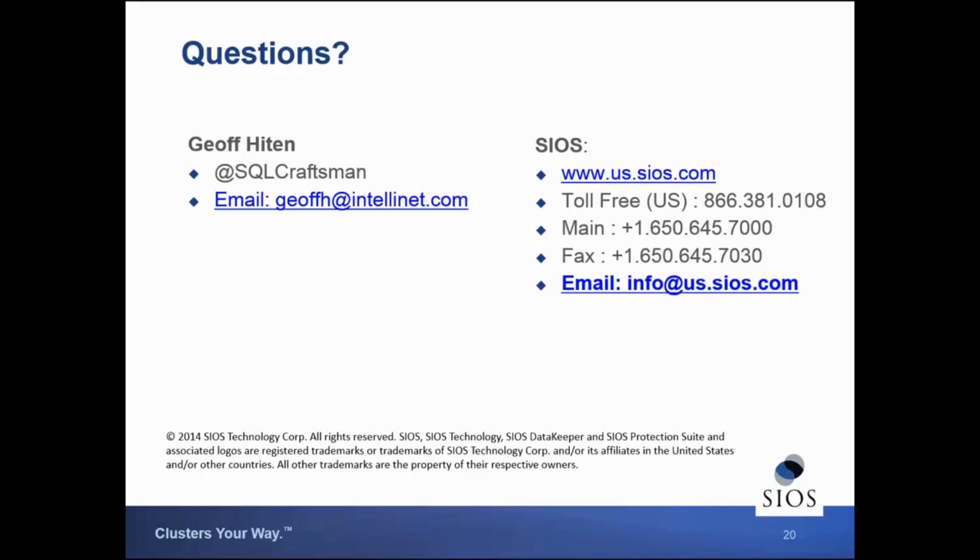But with SIOS and high-performance local flash storage, you get the best of everything. We've had some customers where I was really concerned we would be able to keep up, even with throwing 20 or 30 or 40 drives underneath their solution. But with solid state devices and DataKeeper, we were able to give them the performance levels they wanted at a much lower cost point.